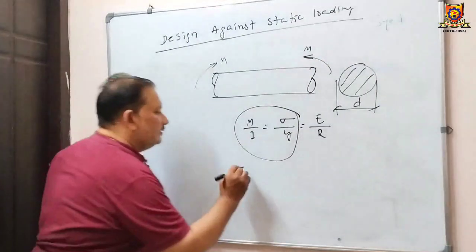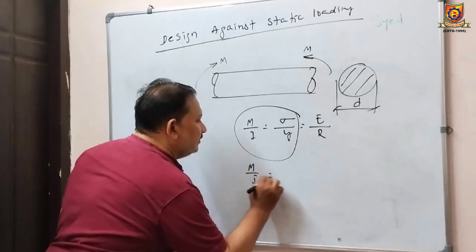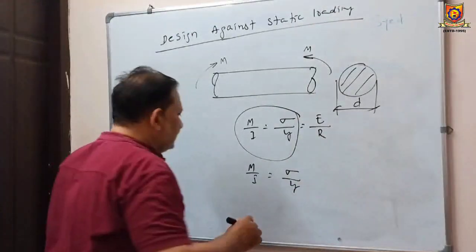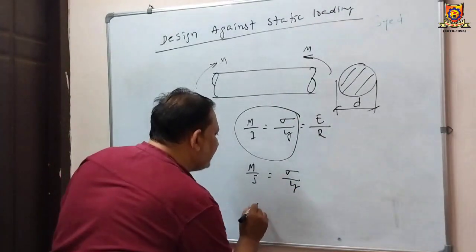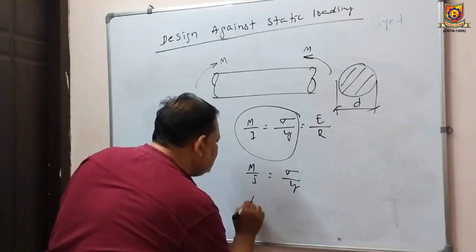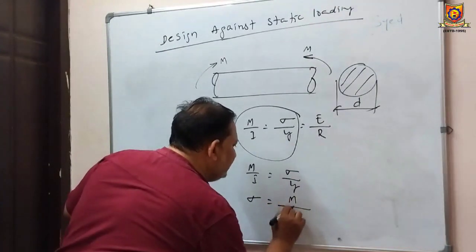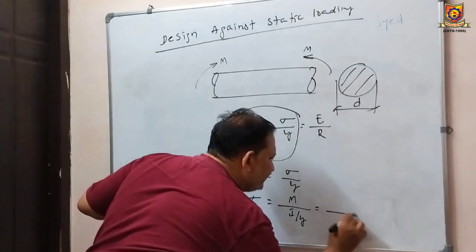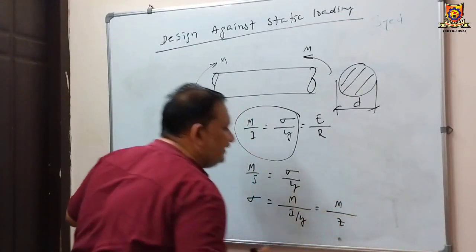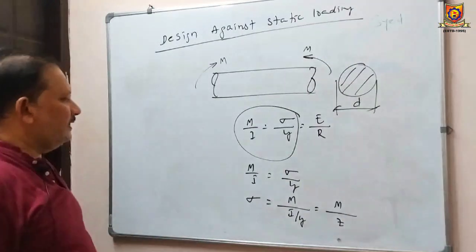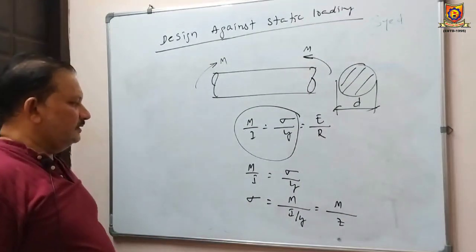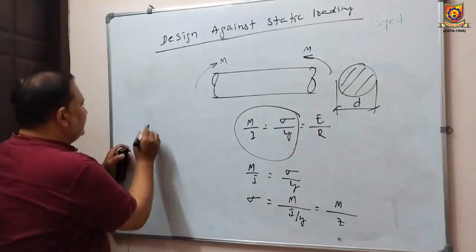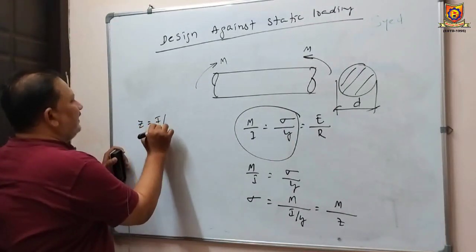M by I is equal to sigma by y, so sigma is equal to M into I by y. I by y we can say is Z, so Z is equal to I by y.